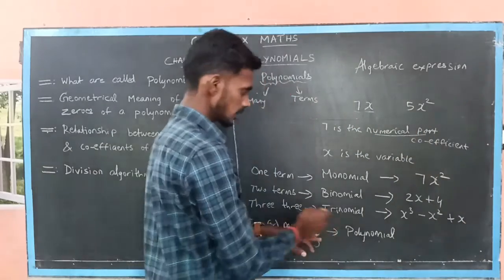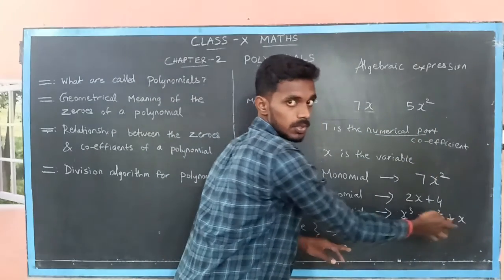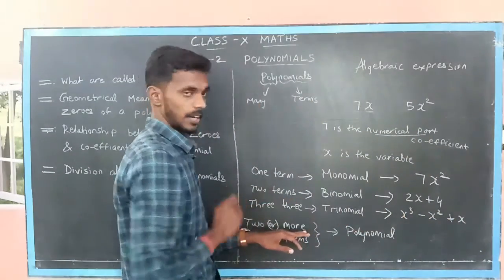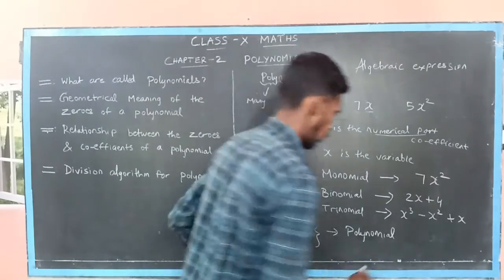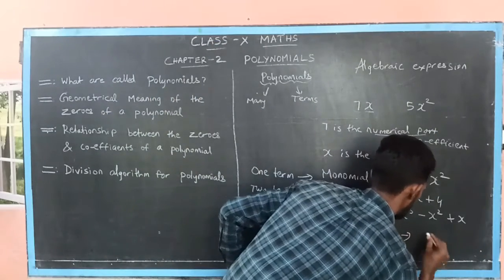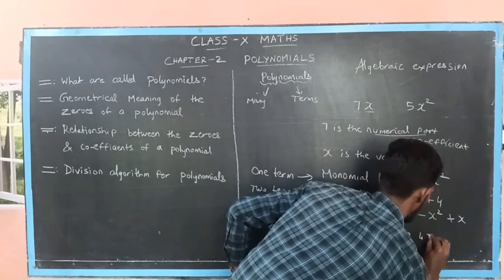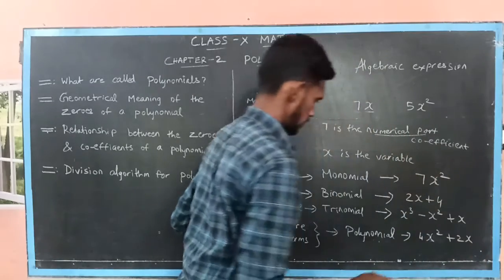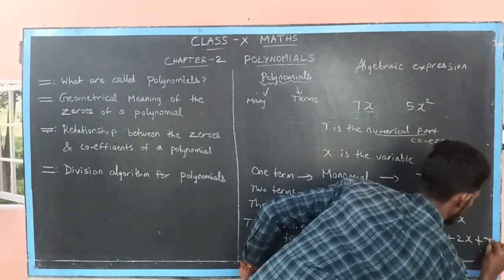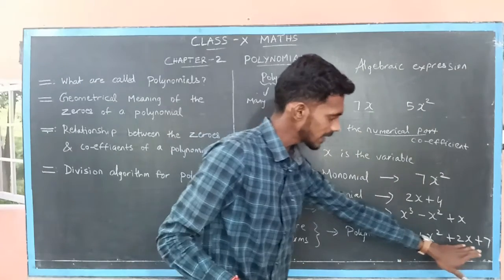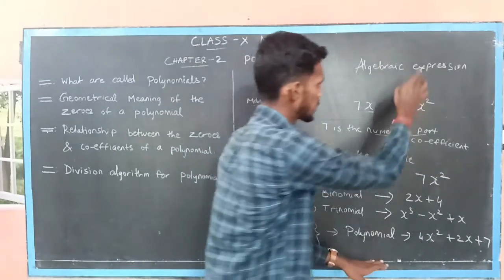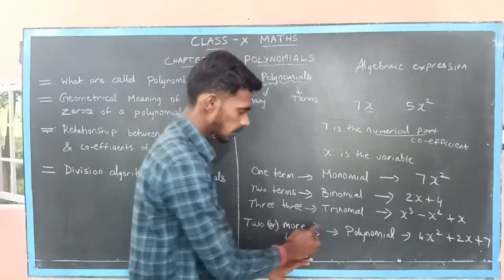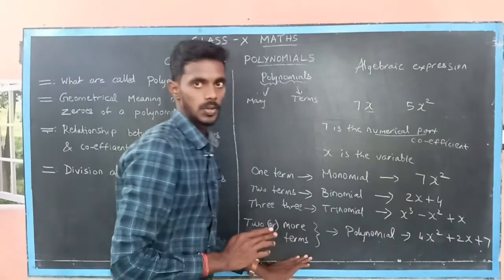See here, it contains three terms, so it is termed as trinomial. Then polynomial, see here it has three terms. So, the algebraic expressions having two or more terms are known as polynomial.